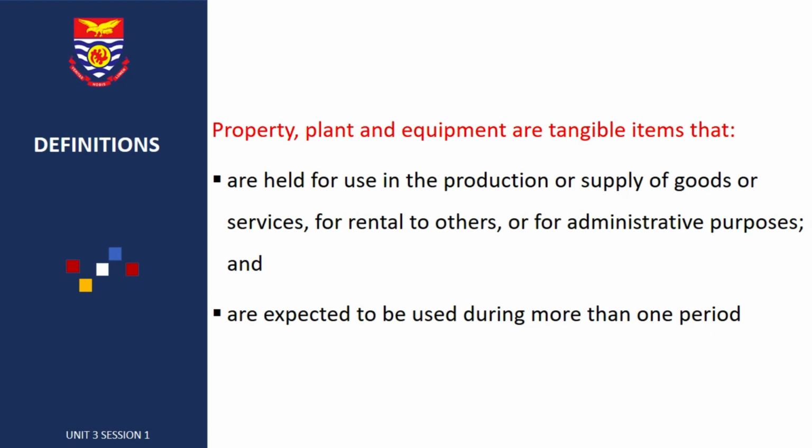So you are using these for the production or for the supply of goods or services, or you are renting it out to others, or you are using it for administrative purposes. And as such, they qualify to be property, plant, and equipment. And then you expect to use them for more than one accounting period. With that, you can classify them as property, plant, and equipment.